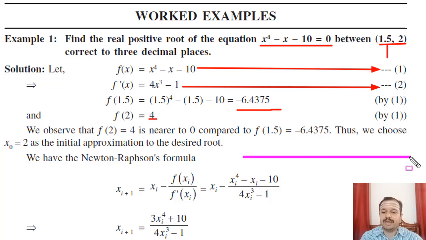For example, this is 1.5 and this is 2. At 1.5 we got the value of f as minus 6.4375, whereas at 2 the f value is 4.